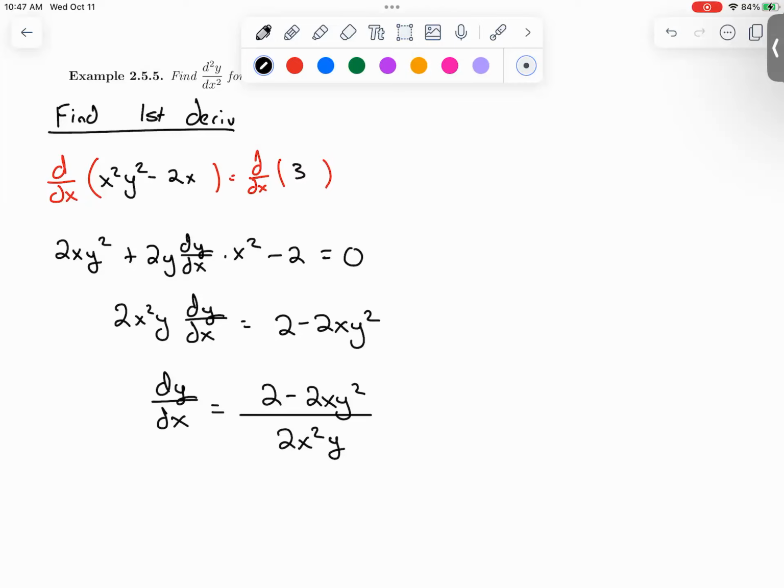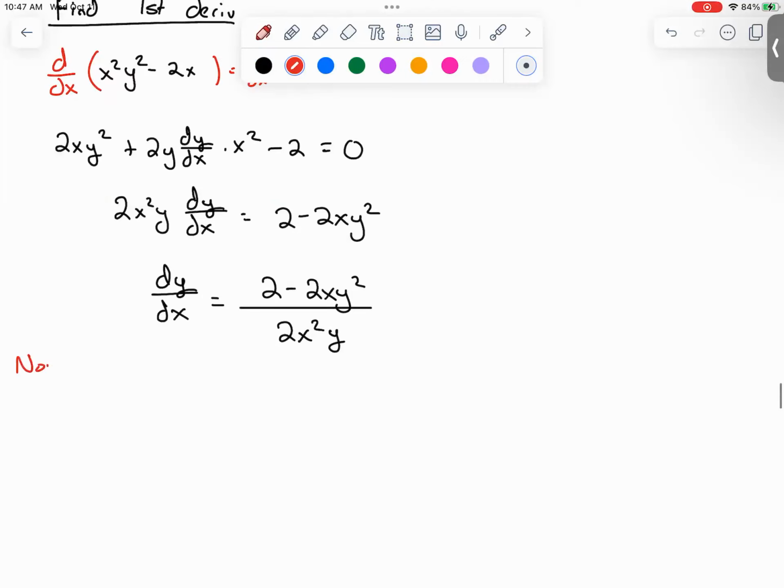How would I find the second derivative? Just do it again. Differentiate both sides of this equation. Now find the second derivative by taking d dx of both sides again.